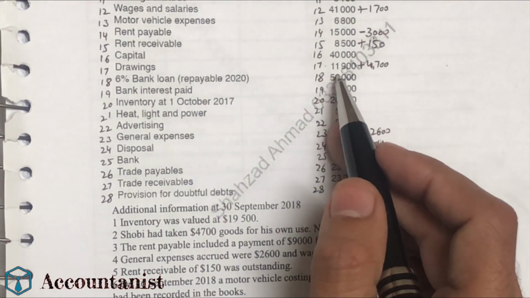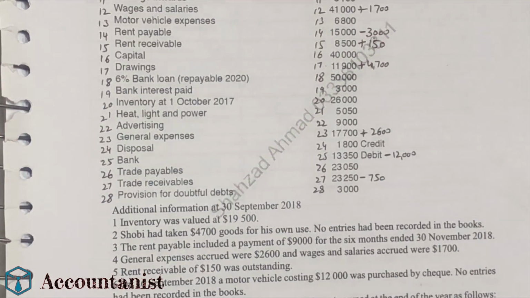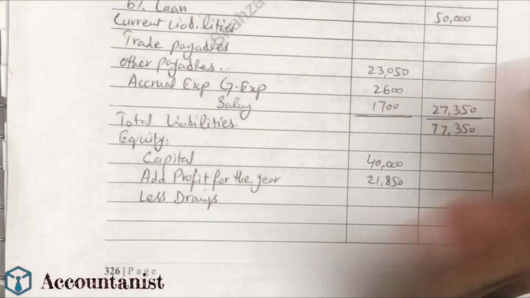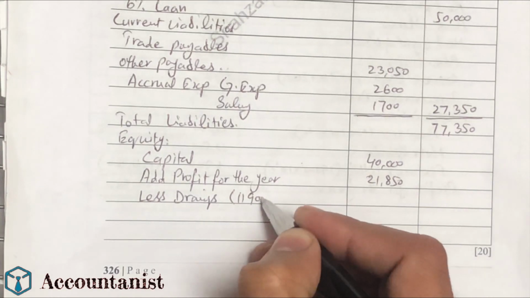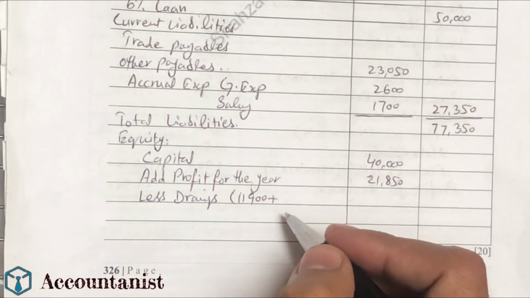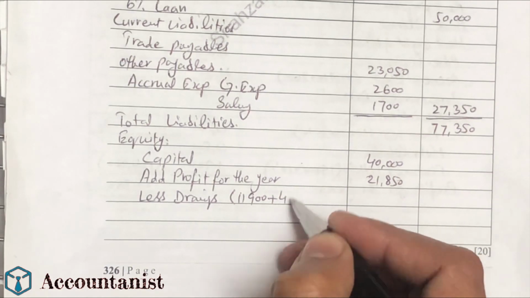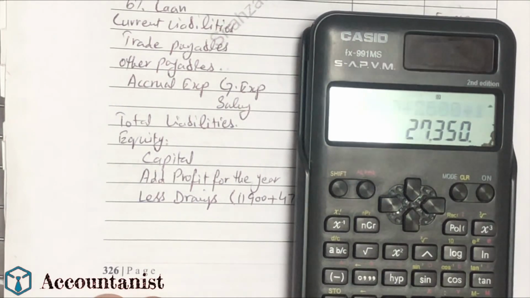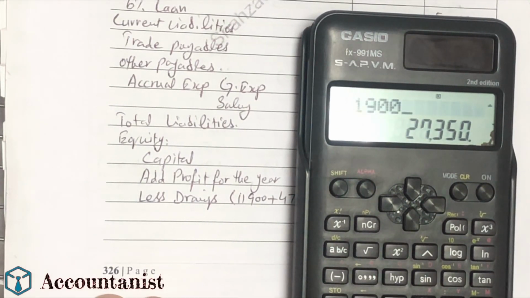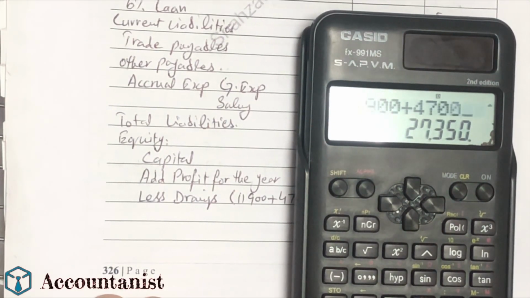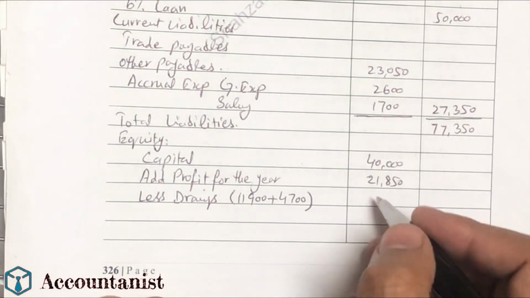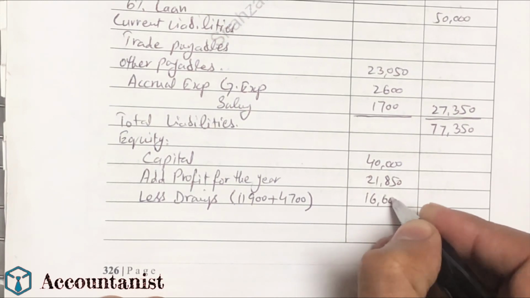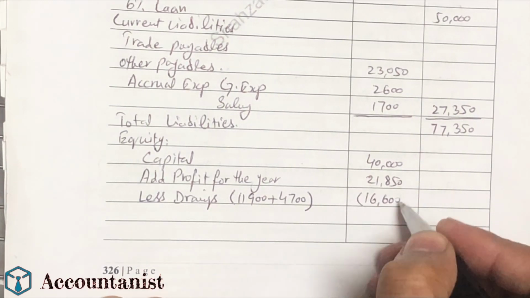So 11,900 plus 4,700, which gives the total of 16,600. So we need to deduct this one.